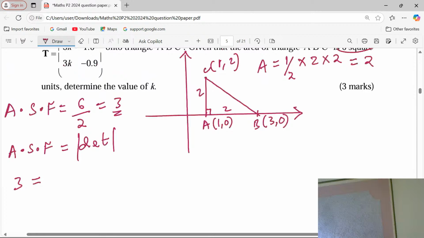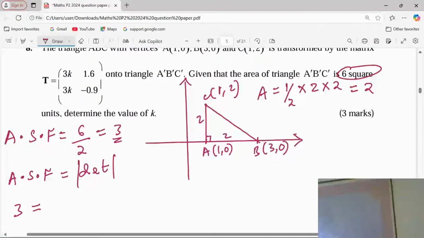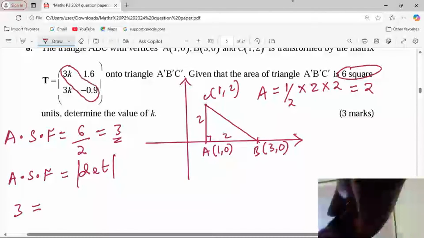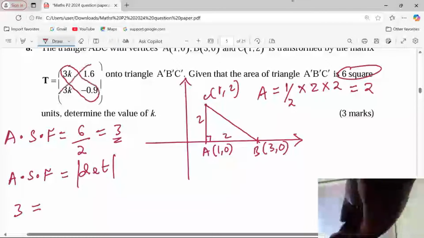From the provided matrix, how do we get the determinant? The product of the elements in the leading diagonal minus the product of the elements in the other diagonal.